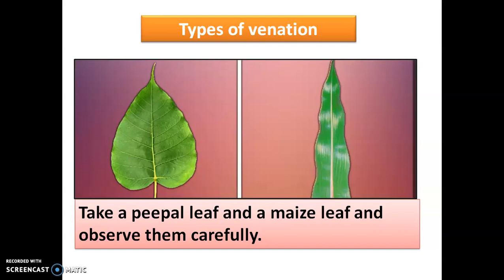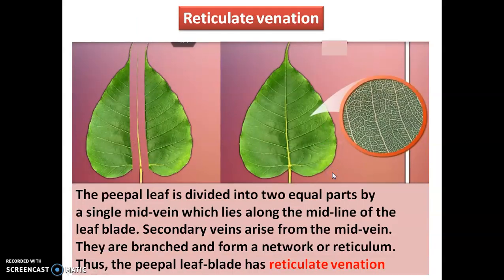Take a peepal leaf and a maize leaf and observe them carefully. We have taken two types of leaf here, a peepal leaf and a maize leaf. The peepal leaf is divided into two equal parts by a single midvein which lies along the midline of the leaf blade. Very clearly you can see here that we can divide this leaf into two equal parts. Secondary veins arise from the midvein. So this is the midvein, the middle one. And then you see these are all secondary veins.